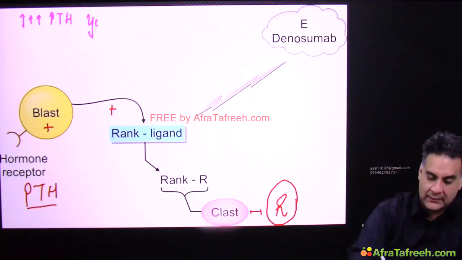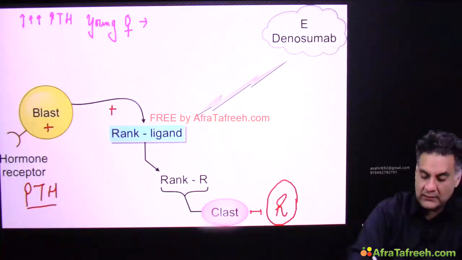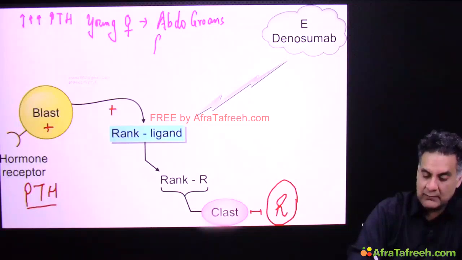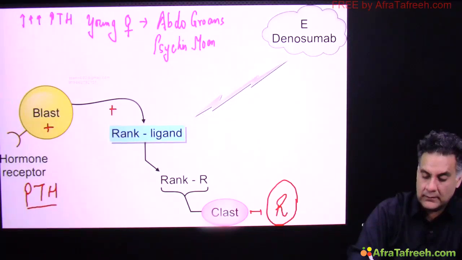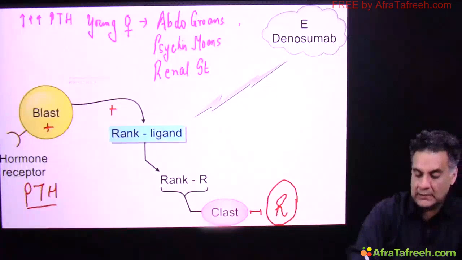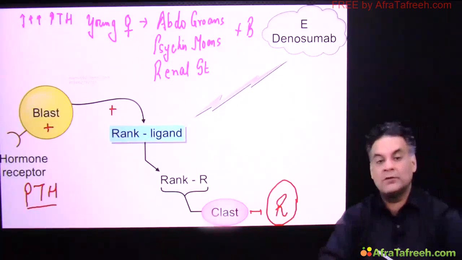The patient will have abdominal groans, abdominal pain. The patient will have psychic moans, irritable behavior, renal stones, stones in the kidney, and bones. What in the bones?